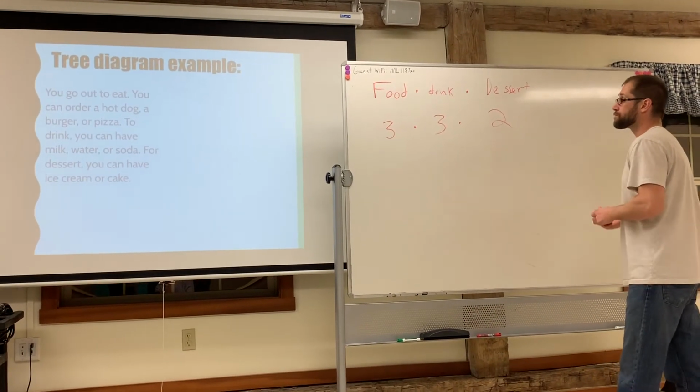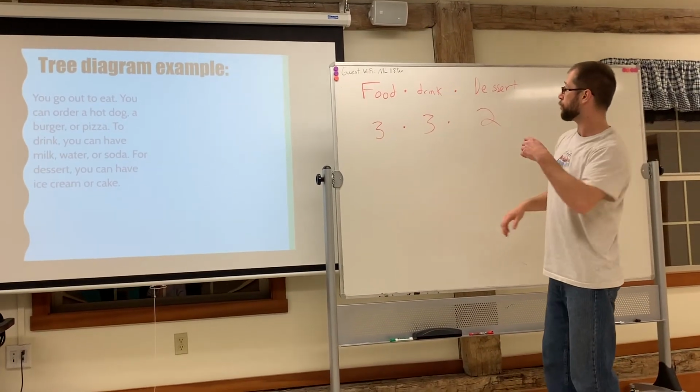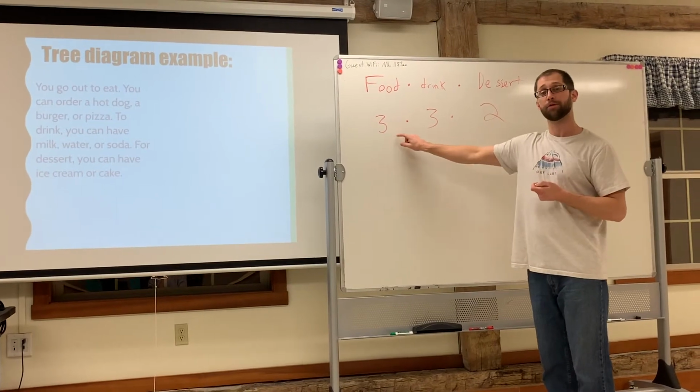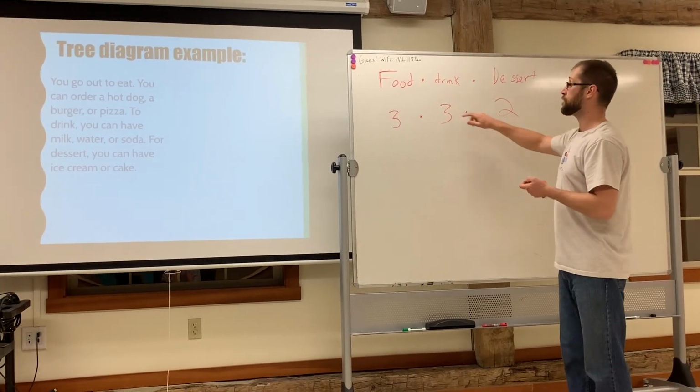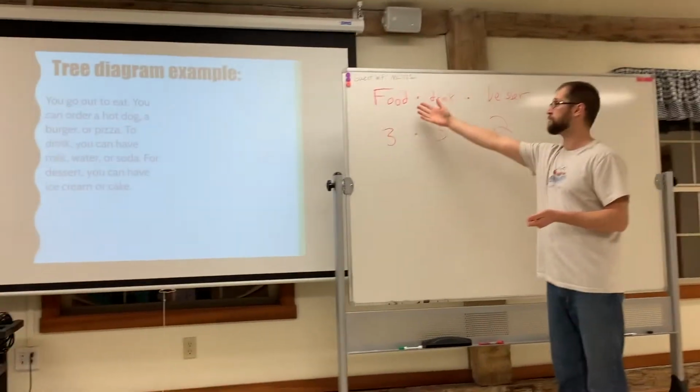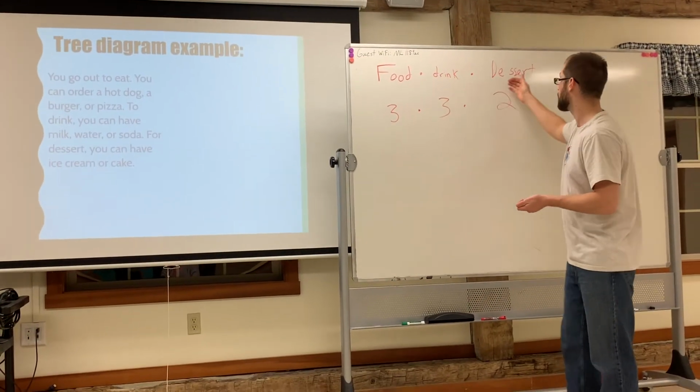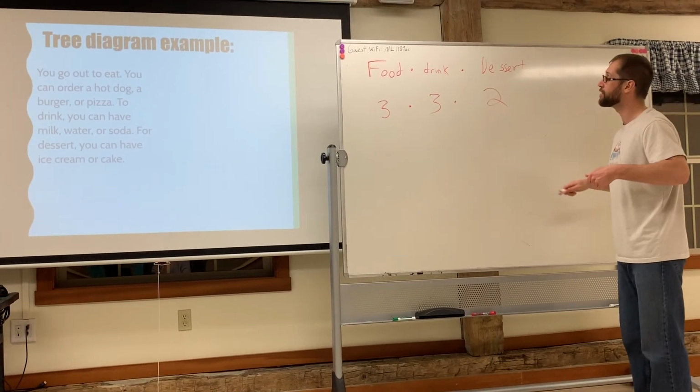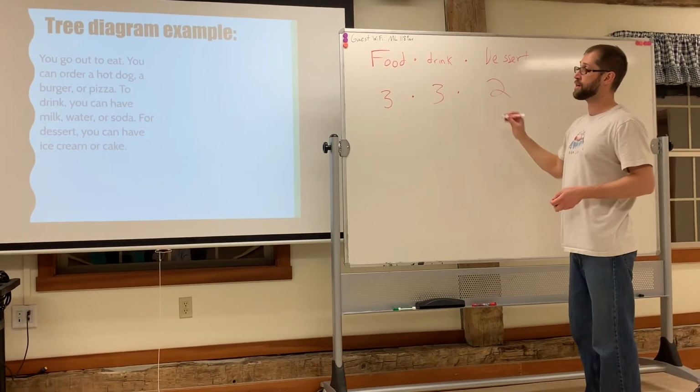So, the basic principle is we multiply the number of outcomes for each event. Our events are food choice, drink choice, and dessert choice, not desert. 3 times 3 times 2.